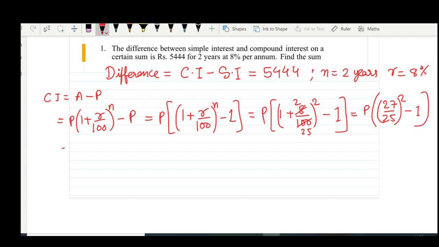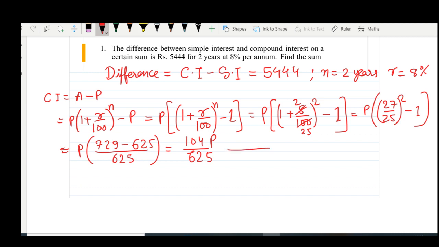And this is P times (729 minus 625) upon 625, because 25 square is 625 and 27 square is 729. So it becomes 104P upon 625. Let's take it as equation number 1.